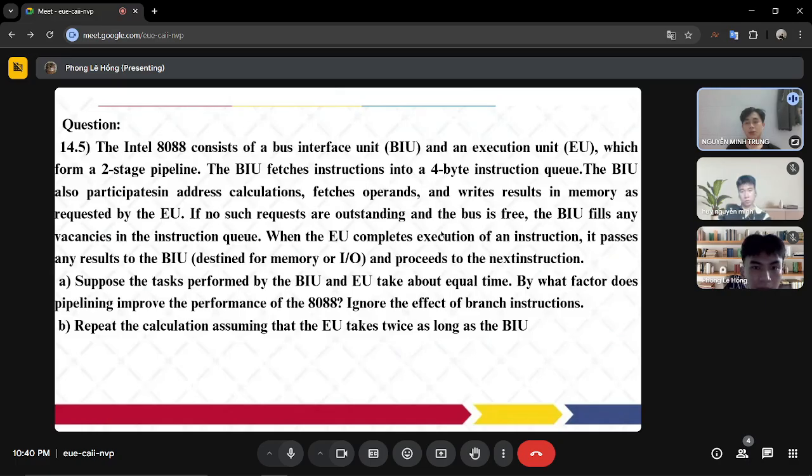The BIU also computes addresses, fetches operands, and writes results in memory as requested by the EU.